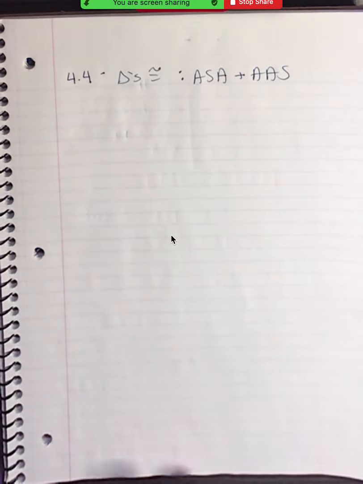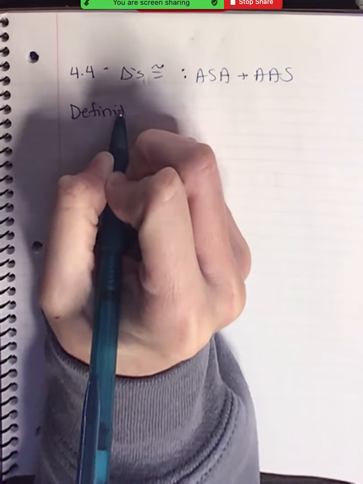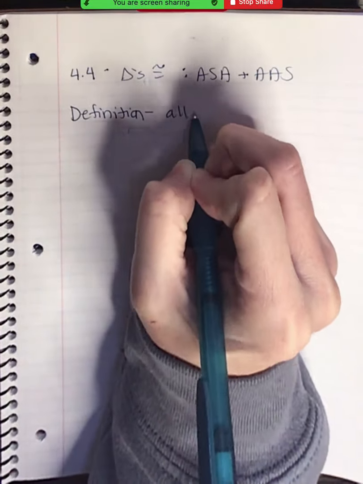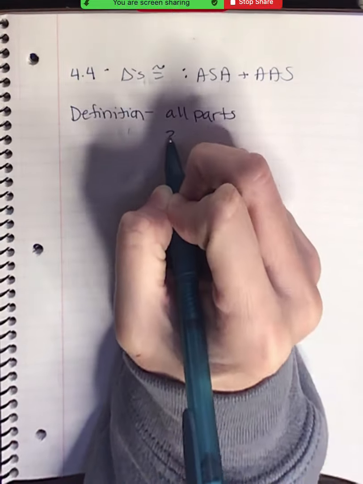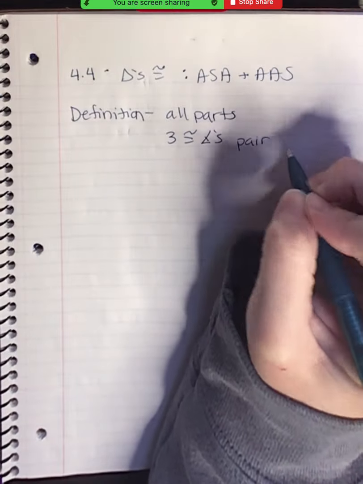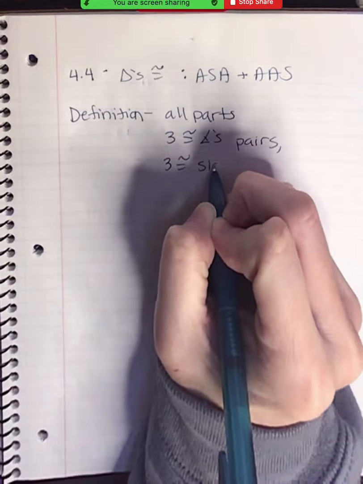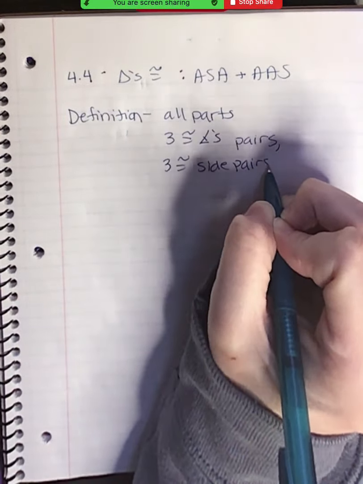So, up until now, to prove you had two congruent triangles, you had to either use the definition, which was 3 congruent angle pairs and 3 congruent side pairs, corresponding parts, okay?